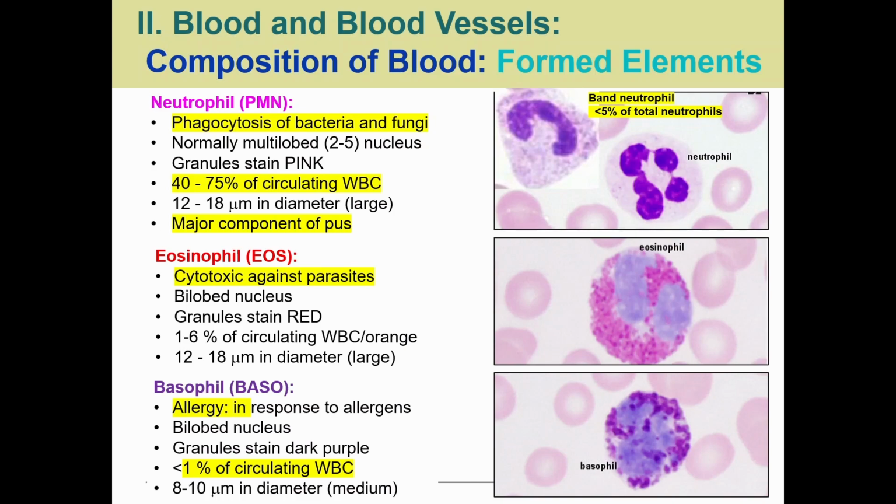The basophil is going to release things like histamines and is going to increase things like inflammation as well as our responses to allergens. And so we do see a link between basophilic activity and allergies, that these guys are more active during an allergy. Their nucleus is bilobed and they stain a deep purple. They are the rarest of the white blood cells. We're looking at less than a single percent of white blood cells are going to be basophils.